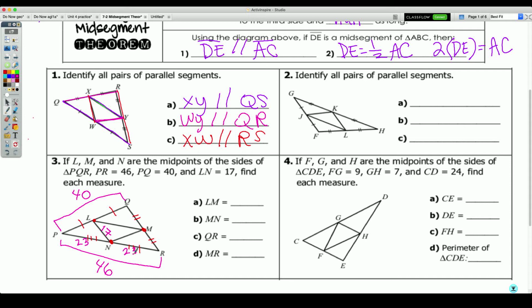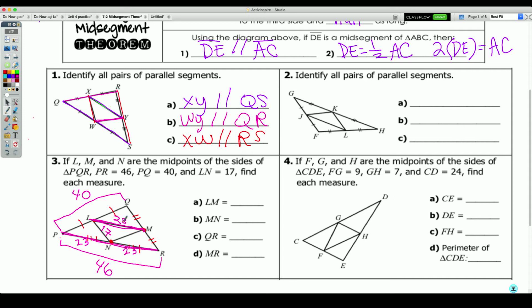So where's the mid-segment that's parallel to PR? M to where? Anybody else? L. Right, so my mid-segment here is parallel to PR. So that is also going to be half of 46, so that is also 23. Does that make sense? So we have 3 different places that are all going to be the same length.